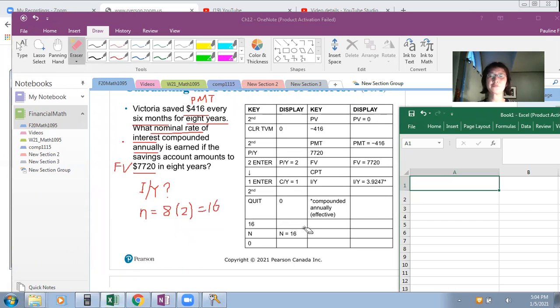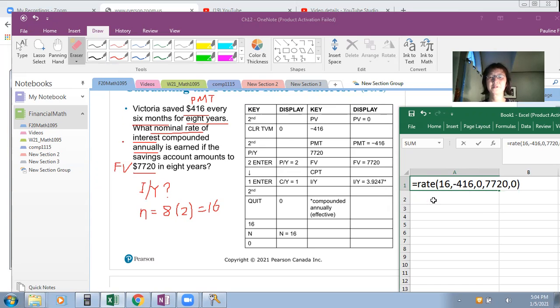So directly use the formula. Okay, so equal RATE, NPER, term N is 16, PMT 416, present value PV 0, future value $7,720. Okay, type is 0.